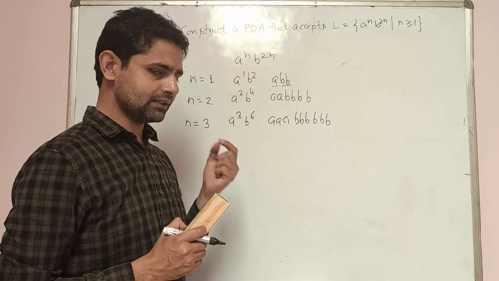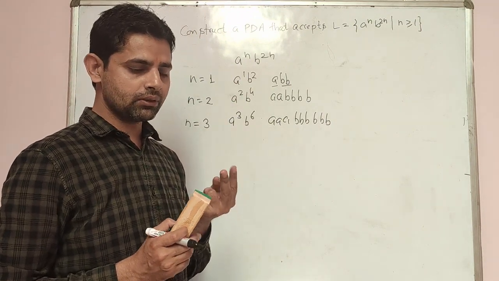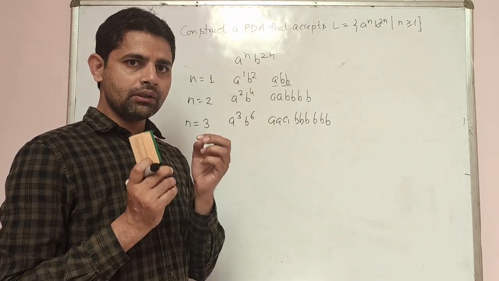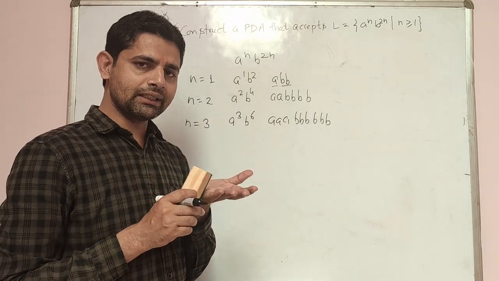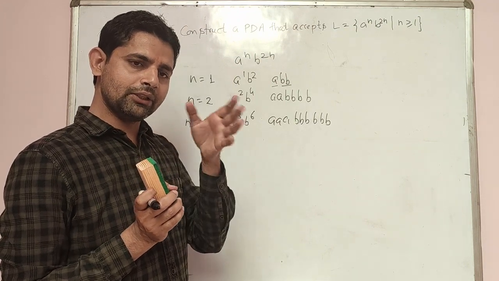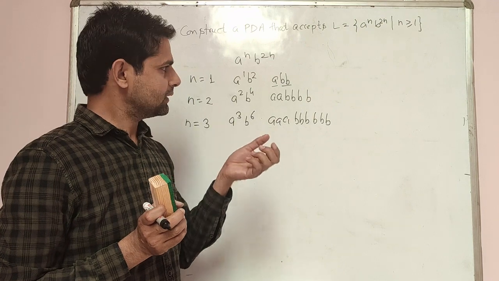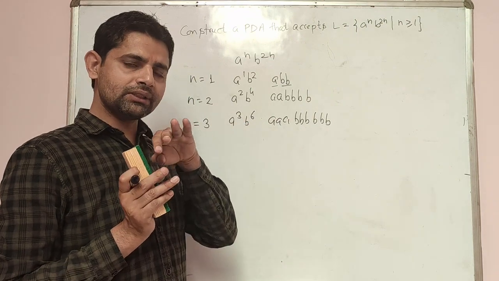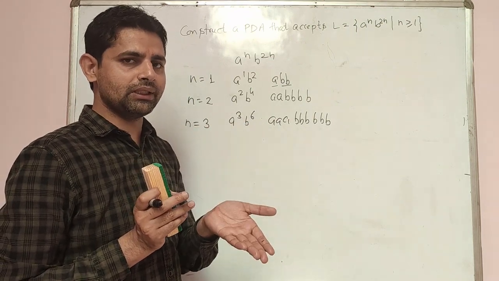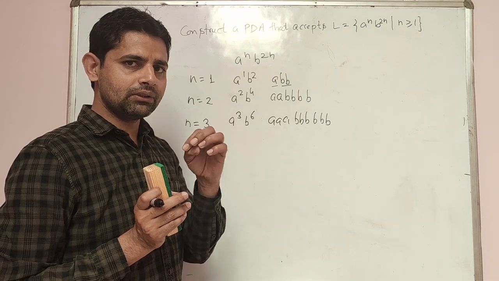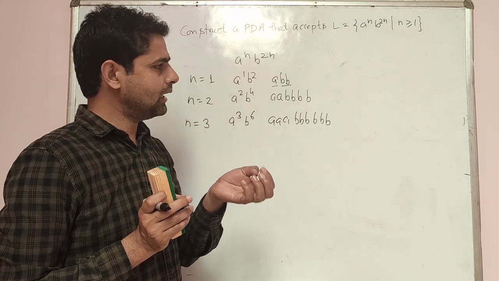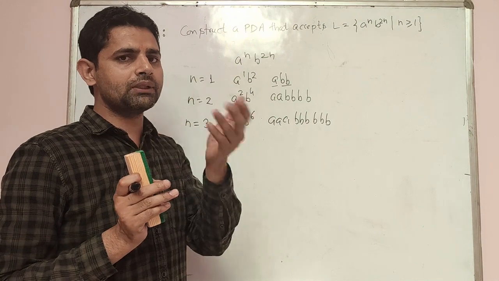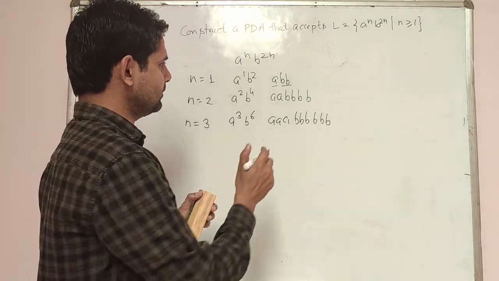For a single A we have 2 B's. So first we will read a single A and store that A into the stack. Then we will read the first B. After that, read that B and we will pop with the second B.